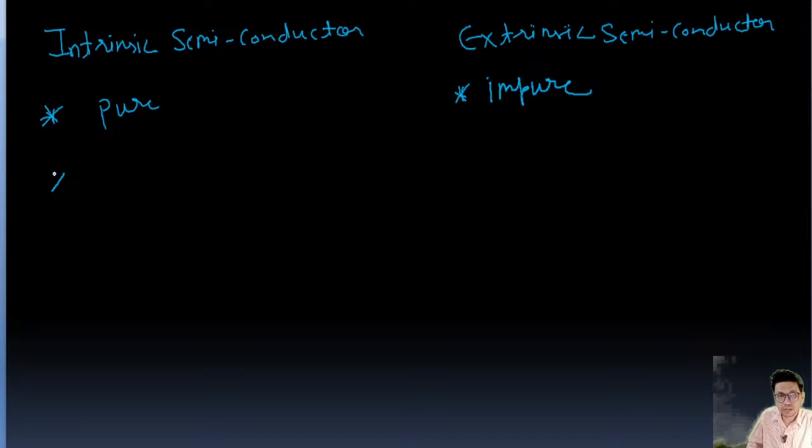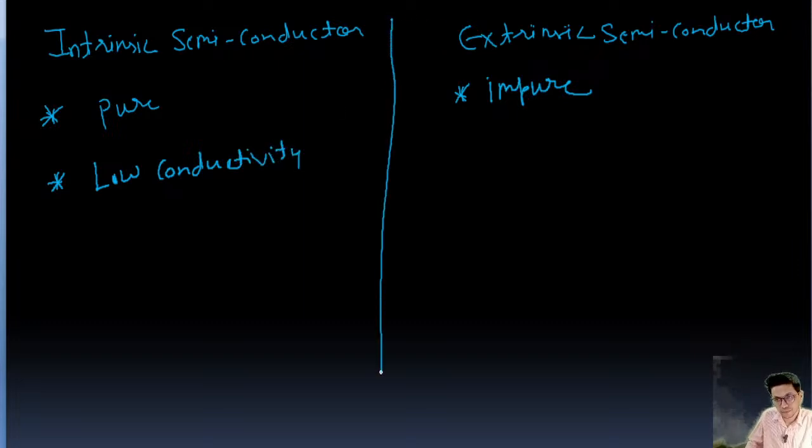Intrinsic semiconductors have low conductivity, whereas extrinsic semiconductors, the impure semiconductors, because of doping in the pure semiconductor, have high conductivity.